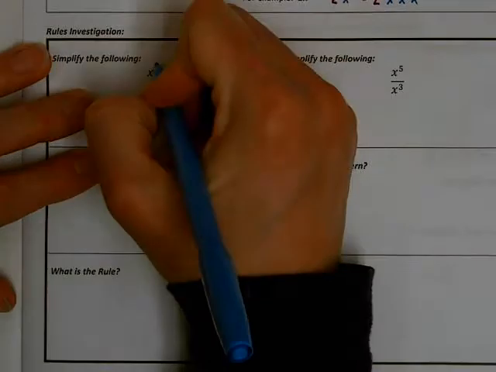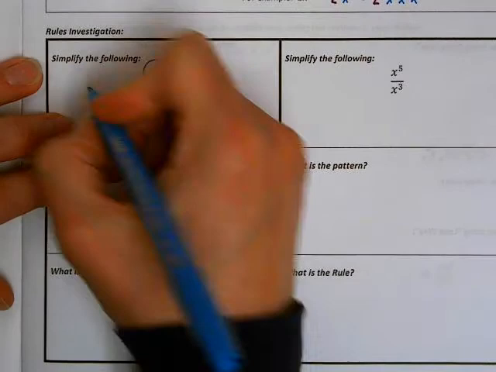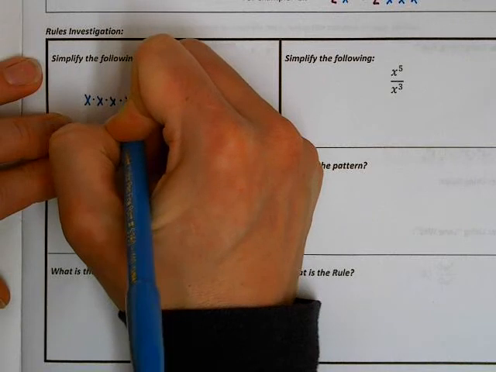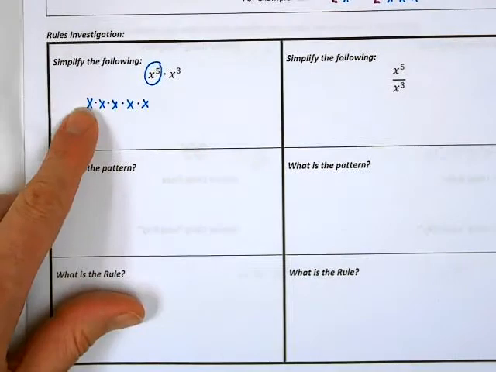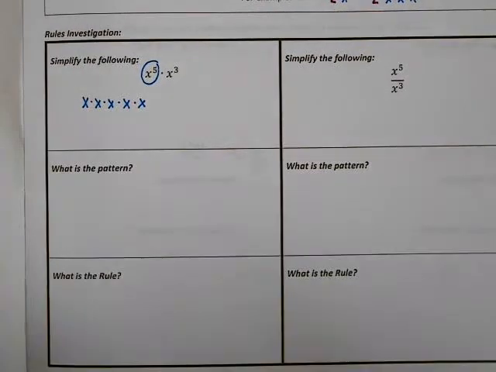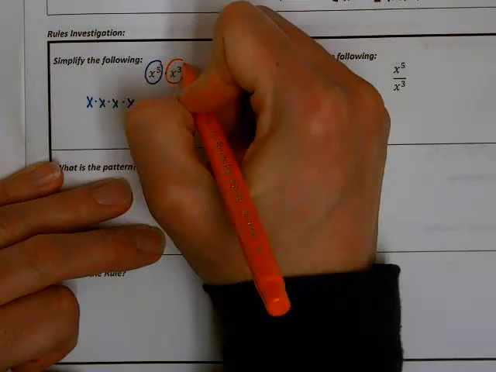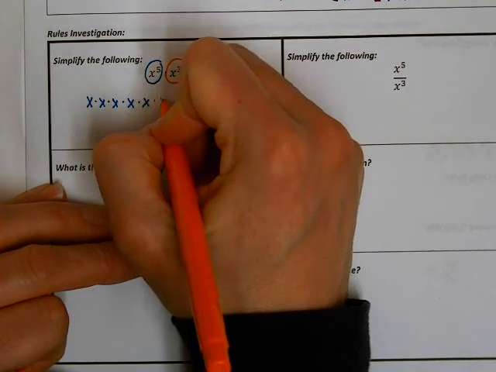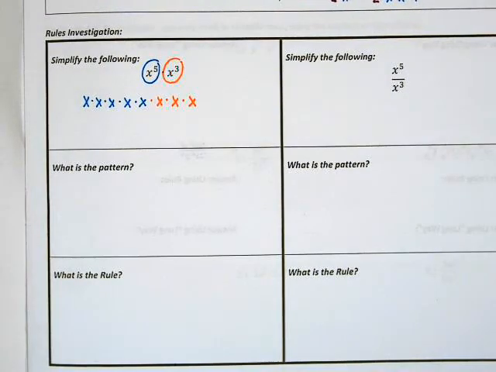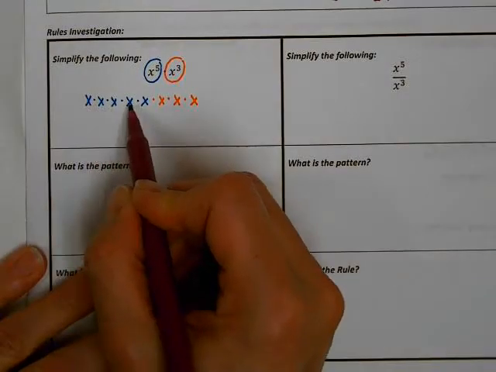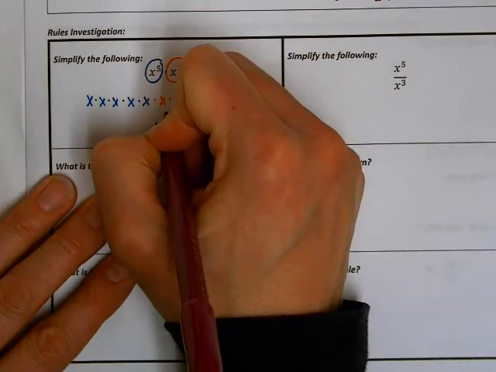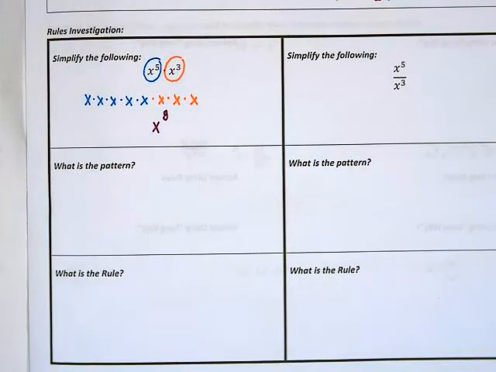I first see x to the 5th, so that means I have 5 x's: x times x times x times x times x. Now here I have times x cubed, or x to the 3rd, so that means I have x times x times x. If I look at that whole expression, I have 1, 2, 3, 4, 5, 6, 7, 8 x's, so I can simplify this as x to the 8th power.